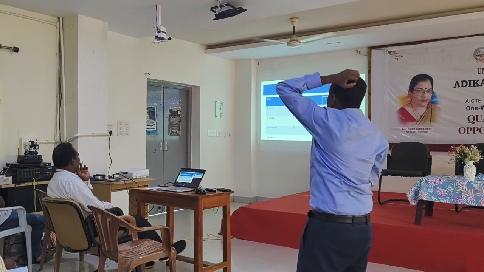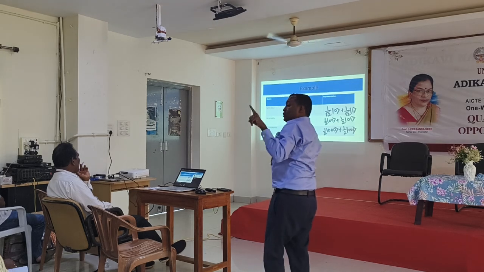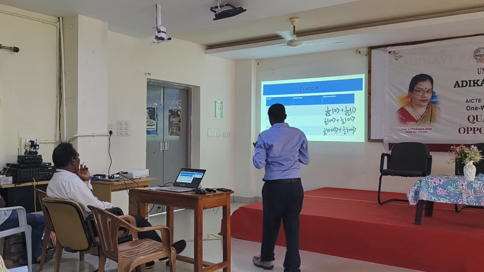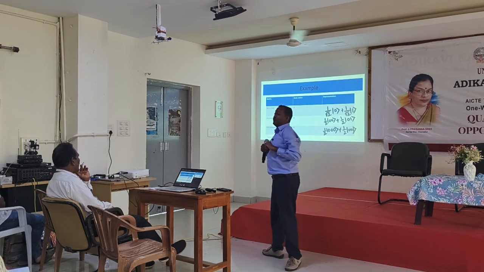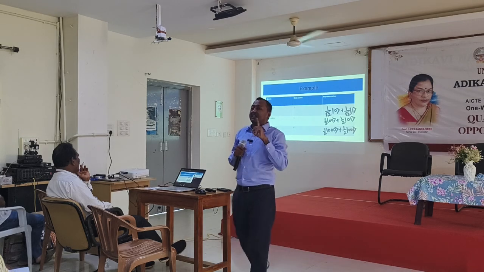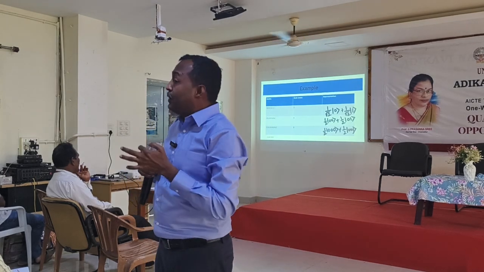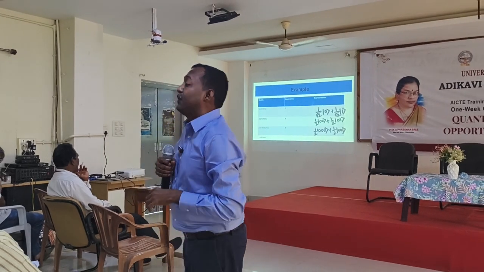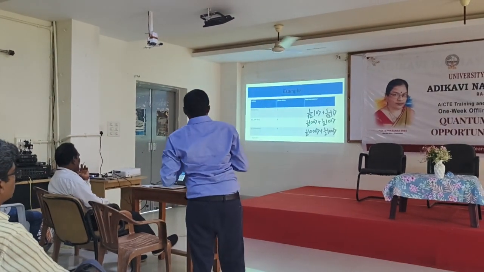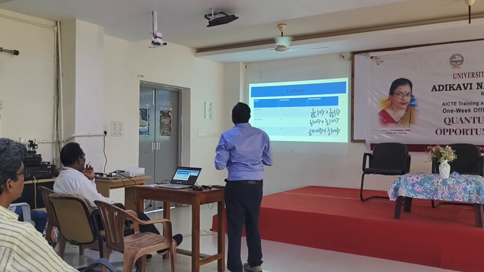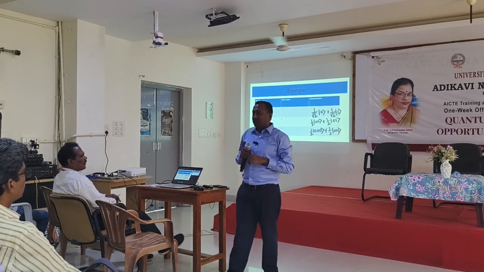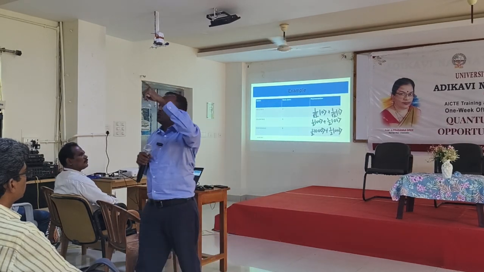What is there on the left-hand side? Qubits. In order to represent one qubit, how many bits are required? 512 bits are required. In order to decode information from one qubit, how many classical bits are required? 512 bits. Basis states, how many? 2, by default 2 to the power n.